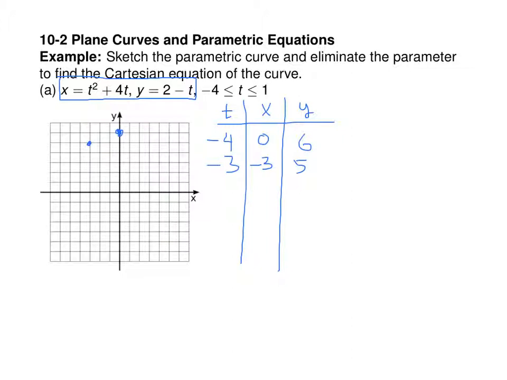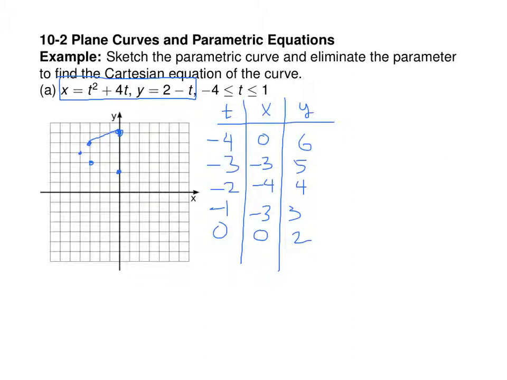So my particle has gone from there to there. If I plug in -2, I get -4 for x and 4 for y. If I plug in -1, I get -3 for x and 3 for y. If I plug in 0, I get 0 for x and 2 for y.